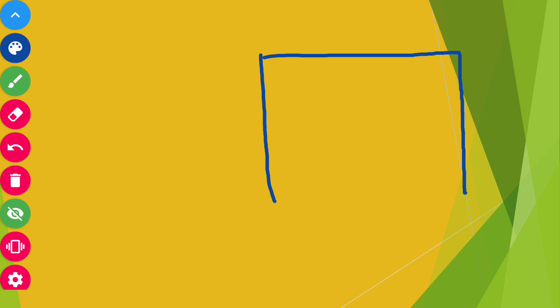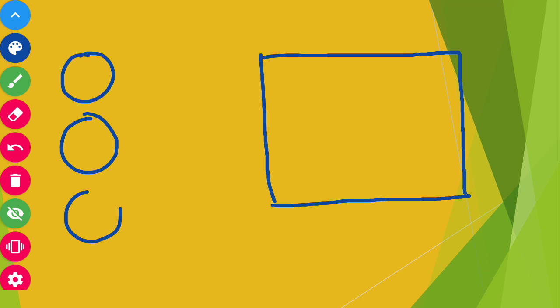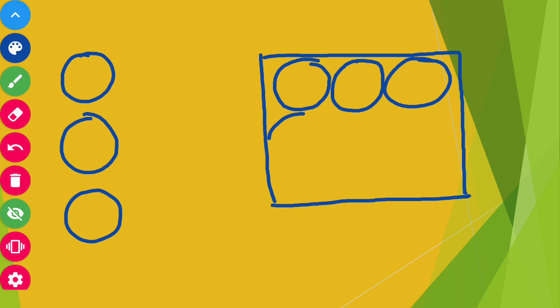So, I'll show you one example. Suppose here is a photo frame. Now I need to measure. How will I measure? Suppose you are taking circles or any coins. If you are placing these coins here, how many coins are required to place?